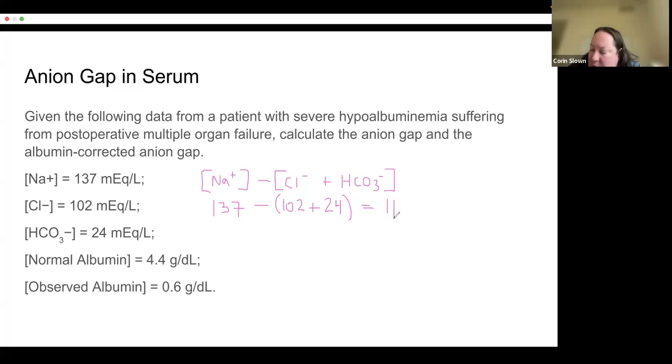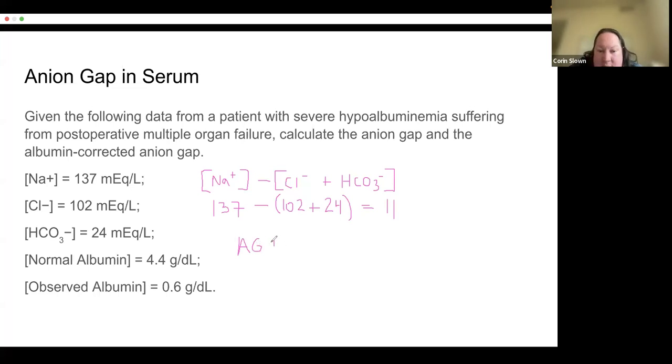The reason why this is an important thing to do is because albumin is actually a negatively charged protein, and it can contribute to the anion gap. So there are different versions of this, but the simplest version that I have found is your anion gap. So that's what we just calculated.